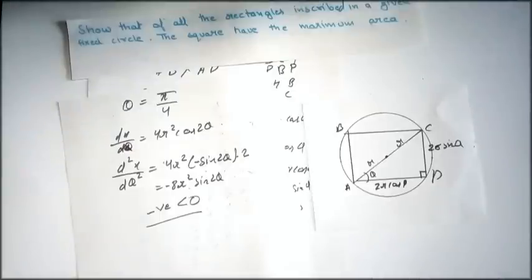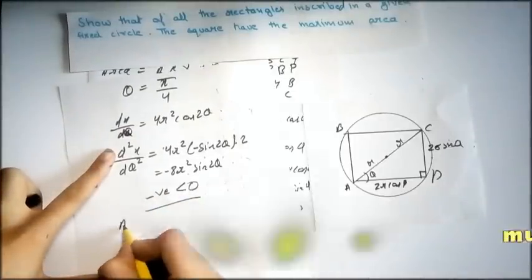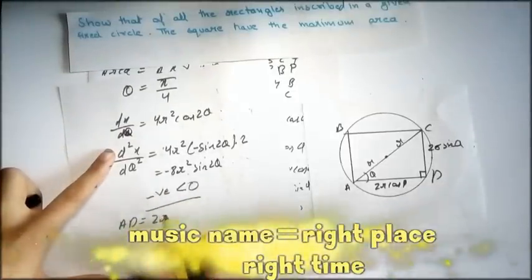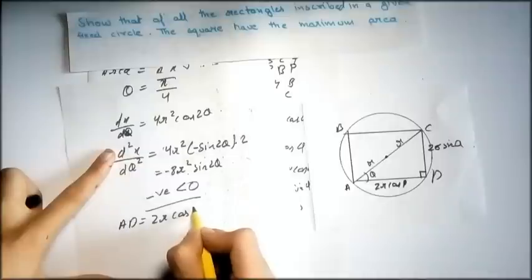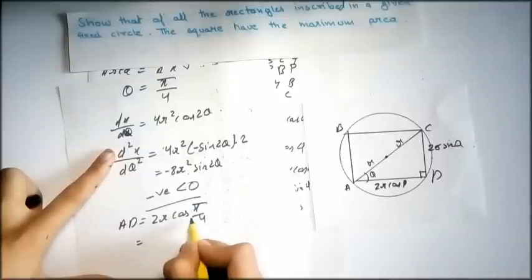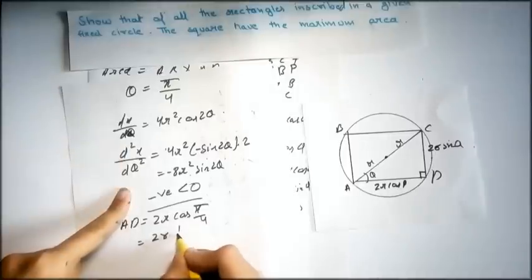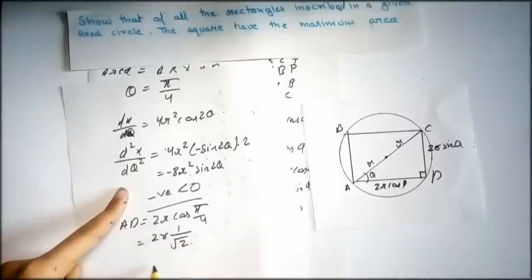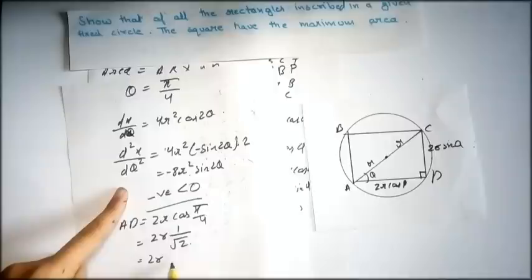So let's put it inside, that is AD is equal to 2r cos theta. Theta is pi by 4, and cos pi by 4 is equal to 1 upon under root 2. If we further solve it, 2r, rationalize it, we get under root 2 by 2, and this 2 cancels, so this is r under root 2.